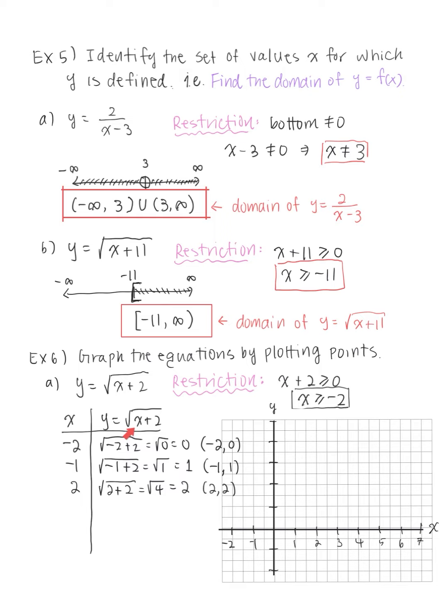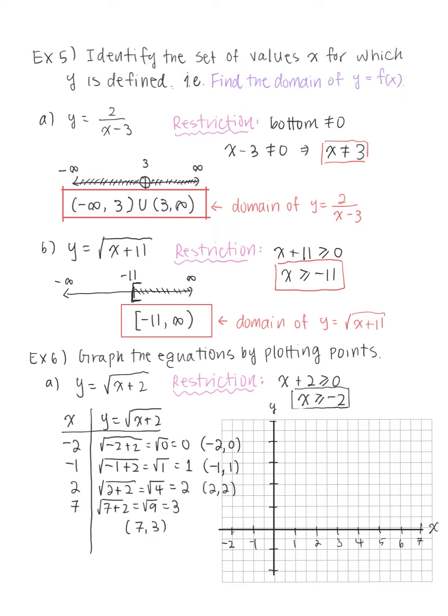And we know that the square root of 9 is 3. So let's choose x to be 7 next. Then we get the square root of 7 plus 2, which is the square root of 9, which is 3. So we're going to be plotting 7 comma 3. Okay, I think those are enough points, so let's do it.